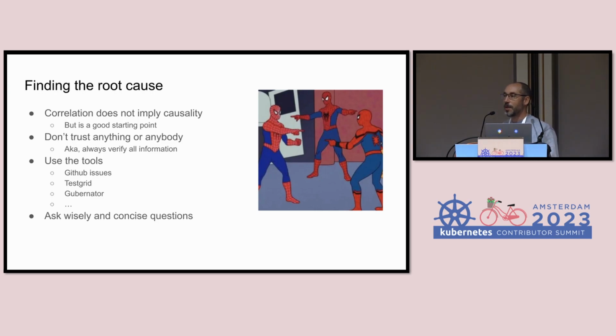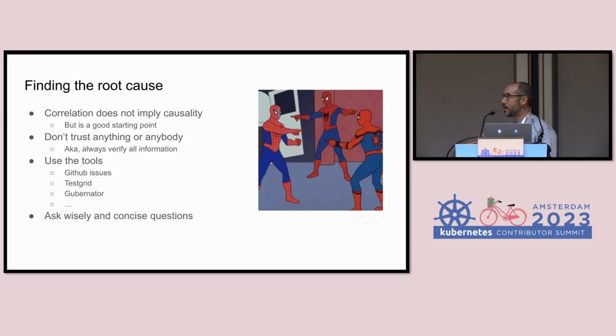Because this test failed with "I cannot reach endpoints", then all the tests that fail with "I cannot reach endpoints" are network problems. We need to avoid going to causality from correlation, but we need to use correlation for trying to understand the problem. And that's when the reporting tools are good, because they show you trends and different things that you can use to try to find the root cause.